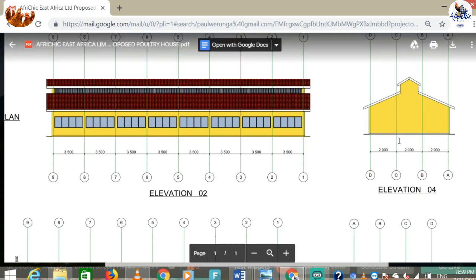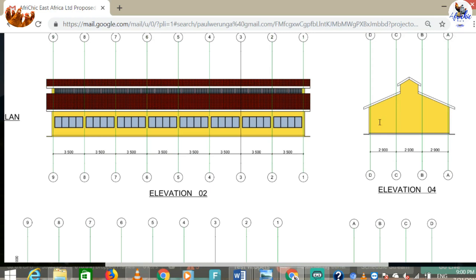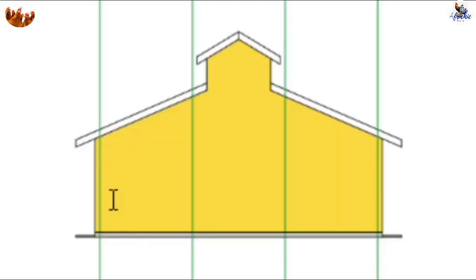This structure is actually meant to host 3000 layers on depleter, meaning that one tier or one line of cages will be to the far left and the other one in the middle and the other one to the far right.